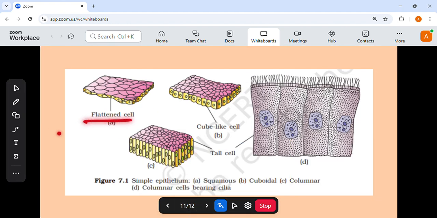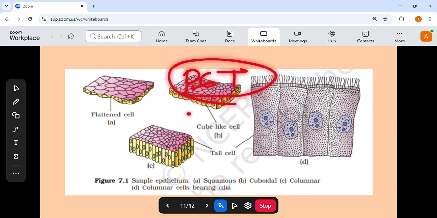Squamous epithelium, flat shape, pavement epithelium, where we find it in alveoli, blood vessels, glomerulus, Bowman capsule. Filtration and diffusion is the function. Then we have cube-like cells, the cuboidal epithelium. You see the nucleus is centrally located, round in shape. Brush border cuboidal epithelium is seen in PCT. Do remember this example, very important.